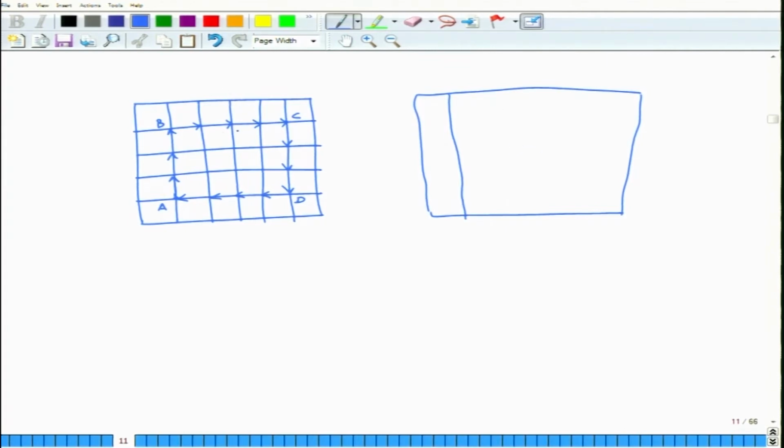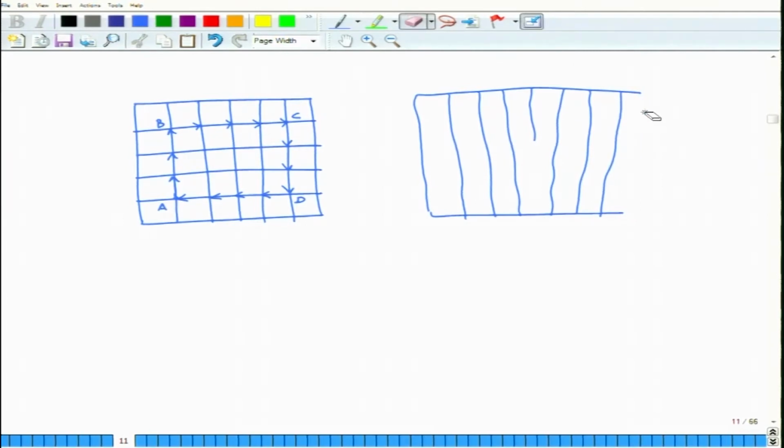I had 6 columns there, and I have created one extra one.